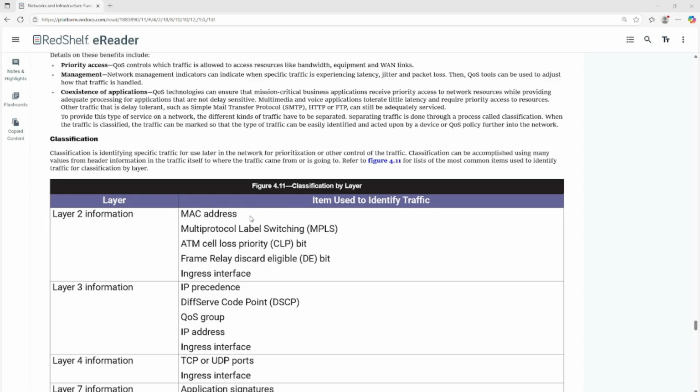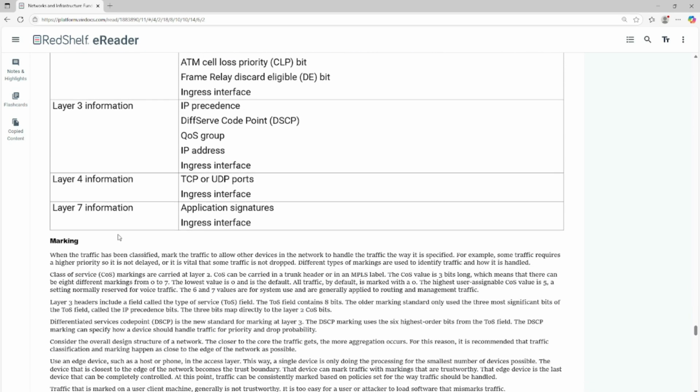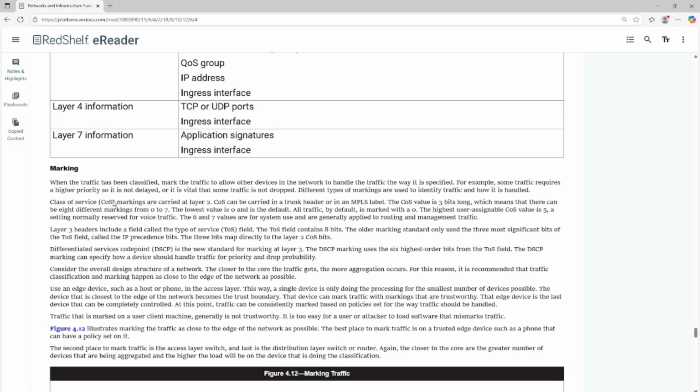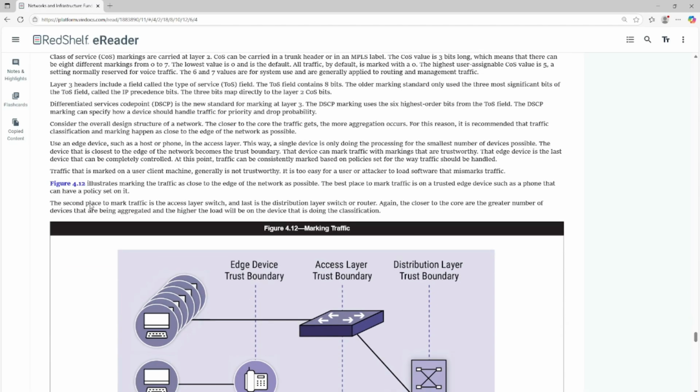When we talk about networking, we're talking about traffic, packages, frames. So classification, layer 2 information, those are the things that are involved. Layer 3. You can read all these various concepts just to get a better understanding of this course.